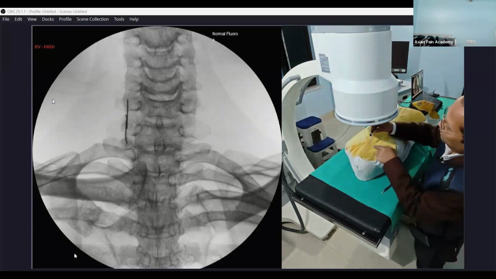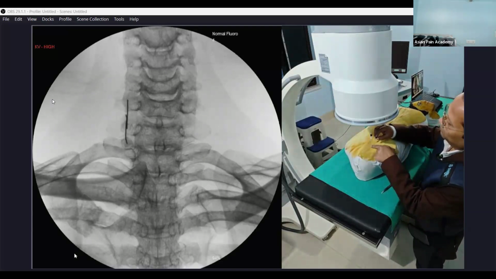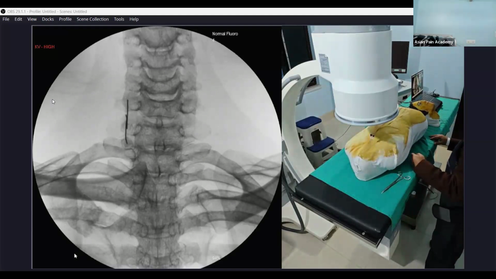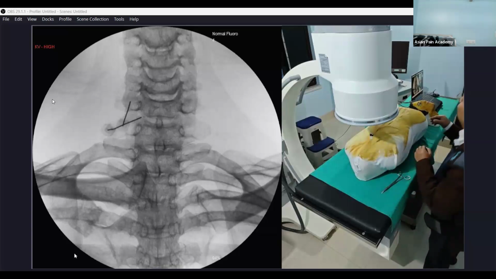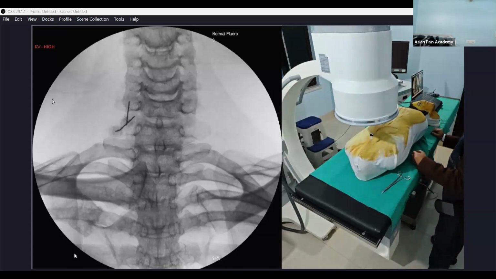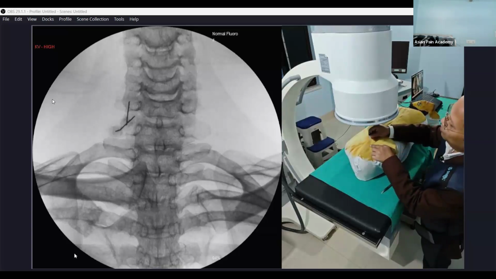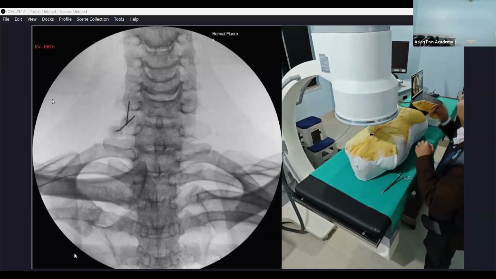Here also I will hit the bone on the medial side. I'm going too medial, so that is not acceptable. I'm again hitting the bone, and now I'm going a bit laterally to see if I can miss the bone.